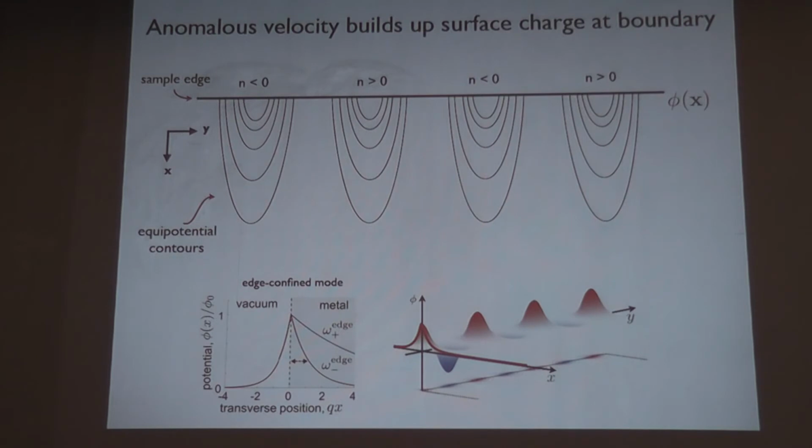And now we can see how this will affect plasma dispersion along the system. What I'm going to consider is some kind of plane wave going along this direction at this boundary, along y. I'm going to look at this oscillating plane wave of potential.